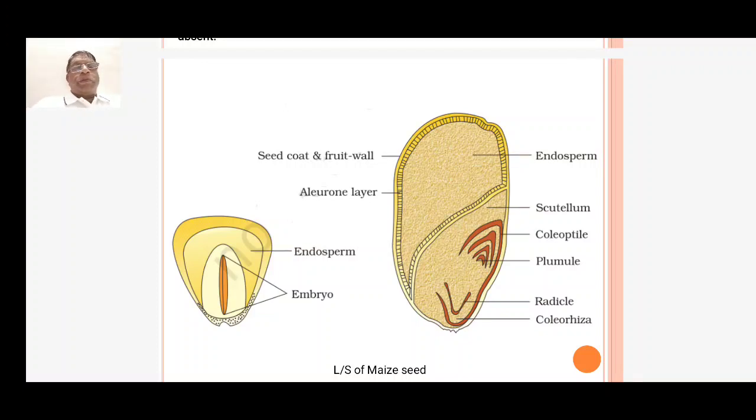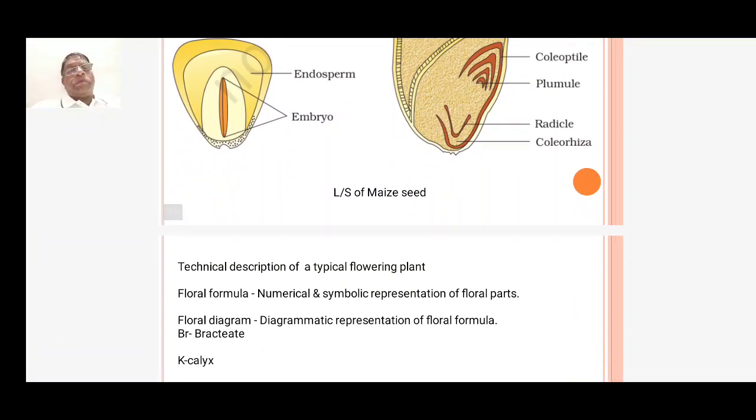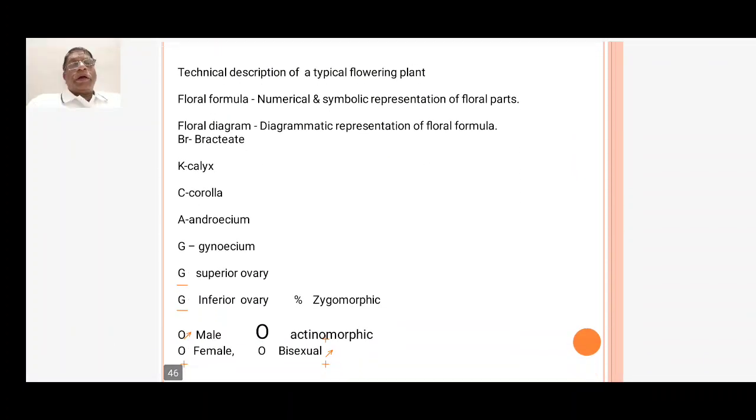Now we shall pass on to the next core topic. The next topic is actually the study of families. How to study a family or a plant means there is a procedure.